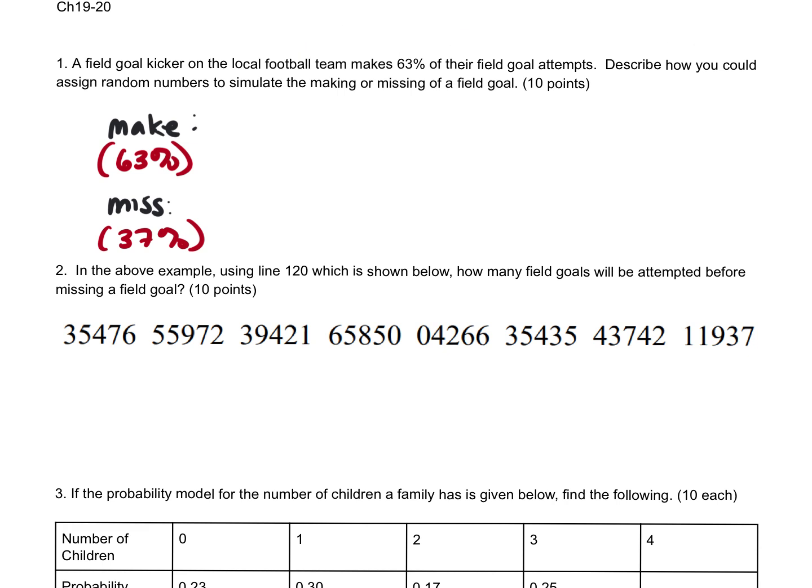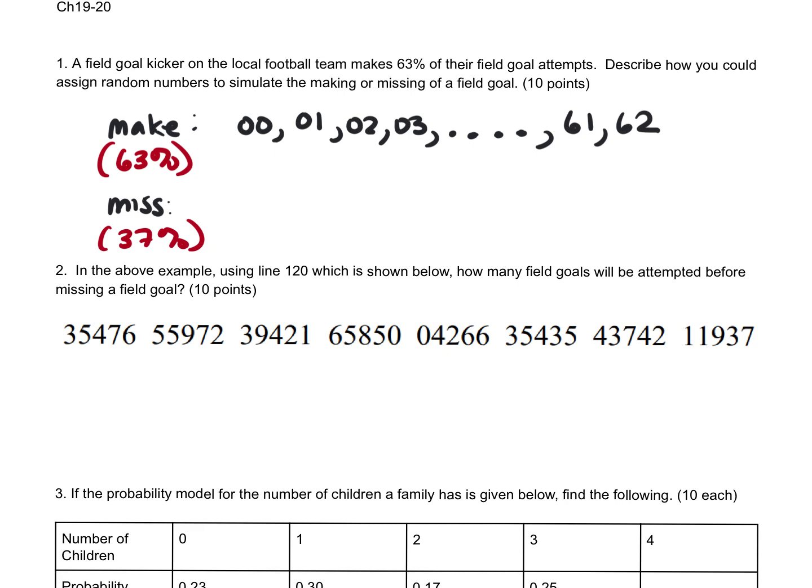So if I do 2 digits, I want to assign 63 different 2-digit numbers to making a field goal. So usually we start with 0, 0. You can really start anywhere, but generally we just start with 0, 0, 0, 1, 0, 2, 0, 3. So I'm going to keep listing numbers until I have 63 numbers. I'm not going to keep writing them out, so I'm going to go 61, and then 62 will be my last number.